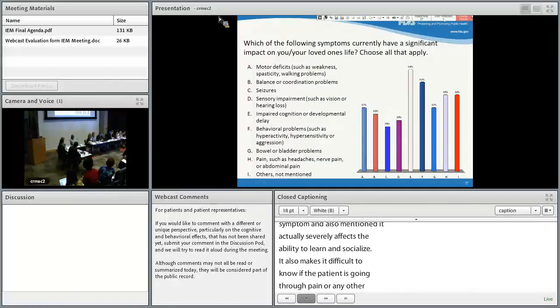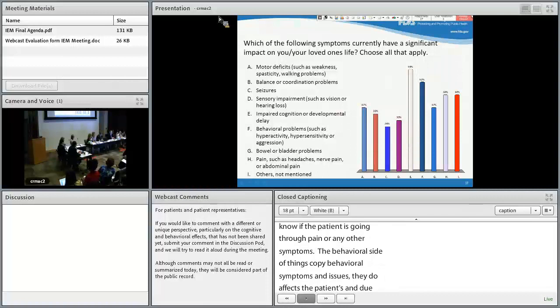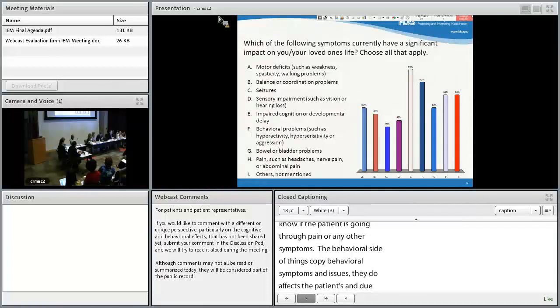On the behavioral side of things, behavioral symptoms and issues do affect the patients, and due to impaired cognition, they don't understand the danger of running into the road, or also become very anxious before going to a doctor's. One participant also mentioned the struggles with executive functions, behavioral problems, causing inappropriate socialization. And then few mentioned sleep issues as well on the web. So they're reiterating what they're hearing today.